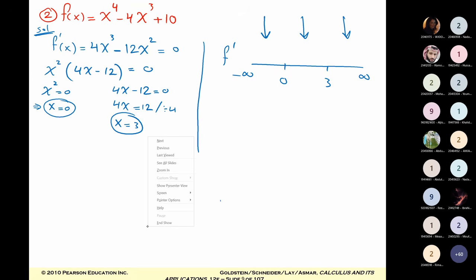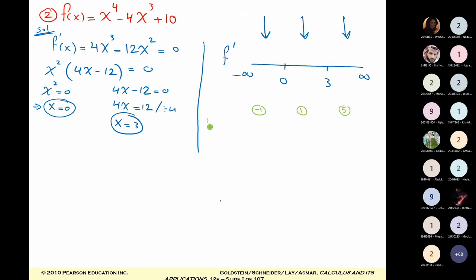So which value can we choose to check the sign of f prime? We can choose -1 from the first interval, 1 from the second interval, and, for example, 5 from the third.